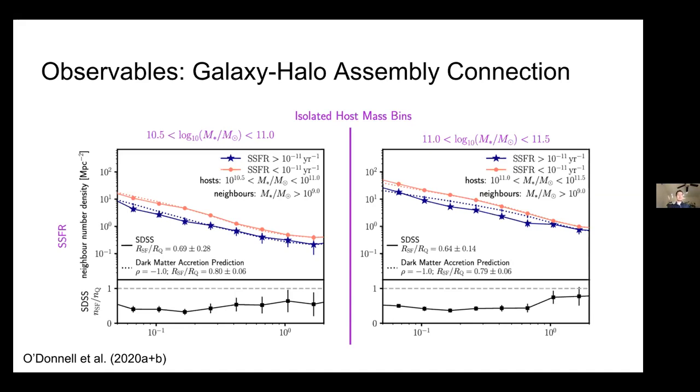At face value, that would mean Milky Way mass galaxies don't seem to care about the dark matter accretion rate, and presumably the fresh gas accretion rate, in terms of whether they're star forming or not. Another interpretation could be just that star-forming Milky Way mass galaxies are able to eat their satellites better. So this is something that will be explored further with lensing, where you don't have to worry as much about satellites getting eaten.